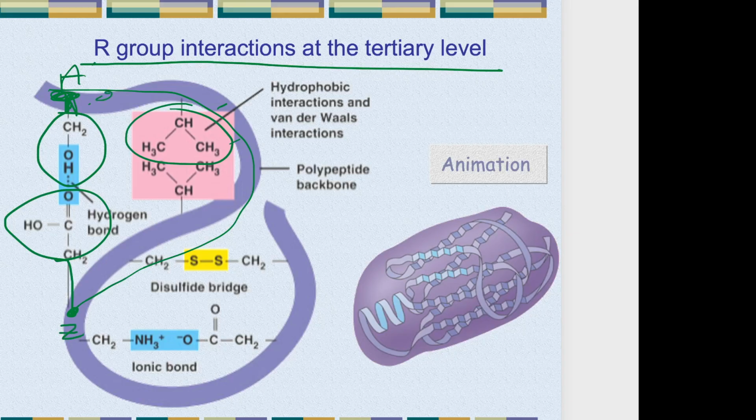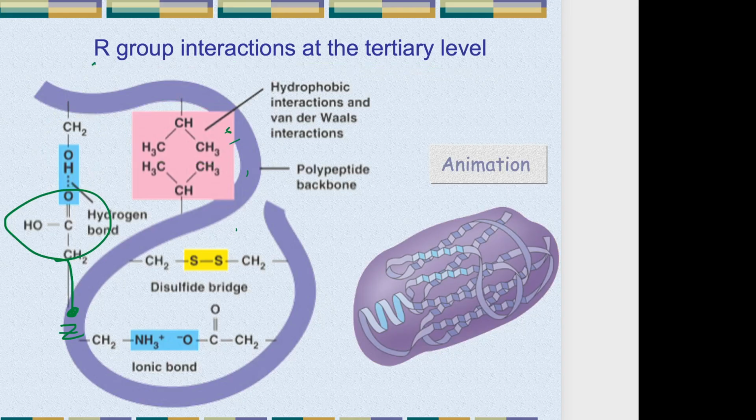There's a whole bunch more amino acids in the chain between them. But when the whole thing folds up, the R groups from this amino acid and this amino acid end up lying side by side in three-dimensional space because of the fold that's happened. And you can see that the R groups are making an interaction here.